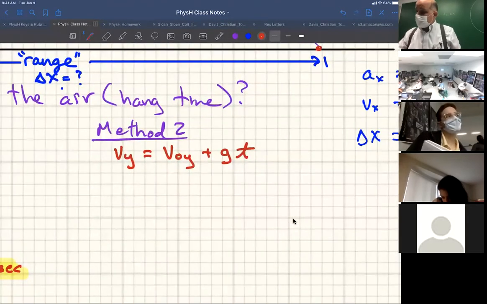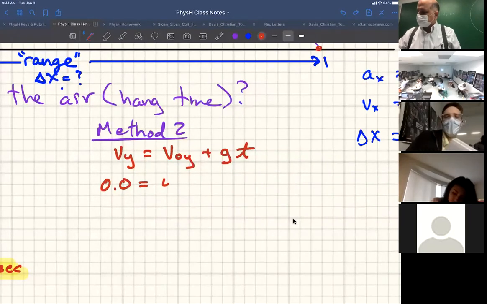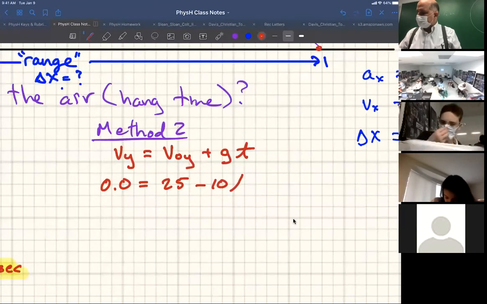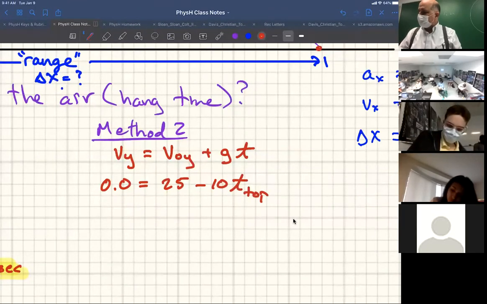So we could say 0 is equal to 25 minus 10t, but this would not be the hang time. It would be the time to get to the top.